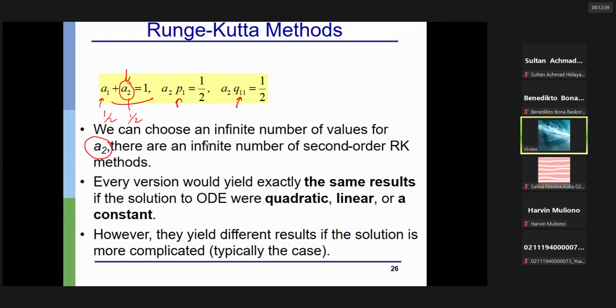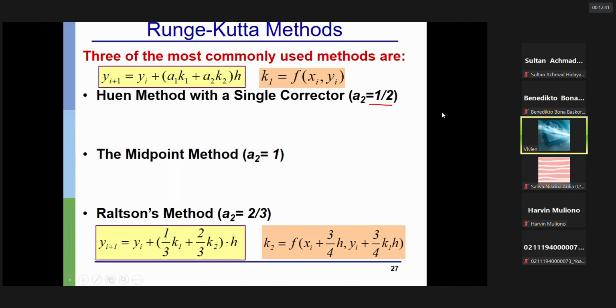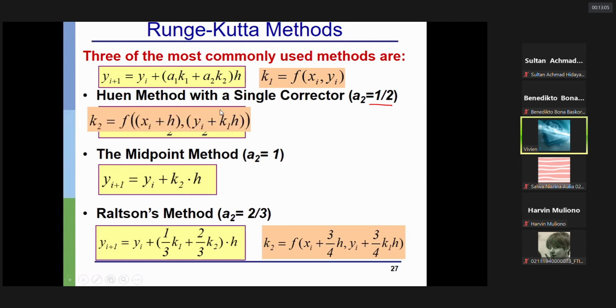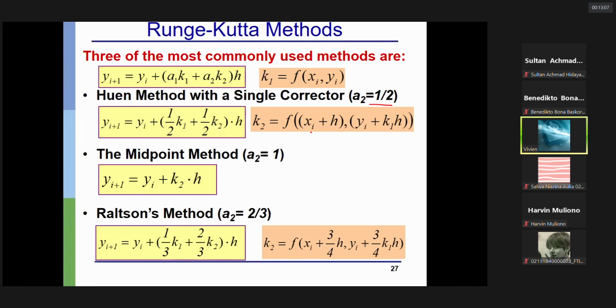So when we choose a2 is half, we have the Heun method, in which the value of yi plus 1 can be calculated from yi plus half of k1, which is the slope at xi, plus half of k2, in which k2 is the value calculated at xi plus 1, or xi plus h, which is the interval. So with a2 is half, we have the Heun method.